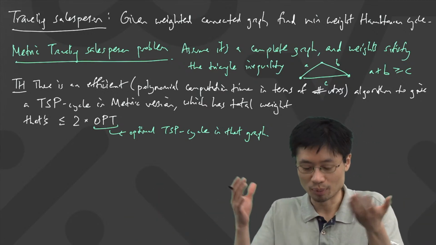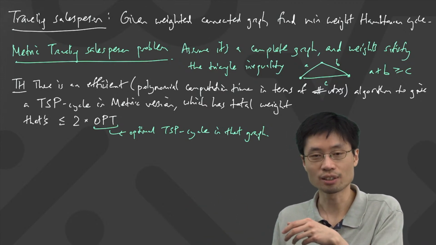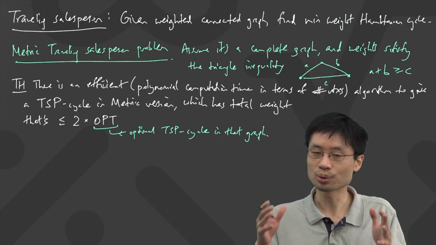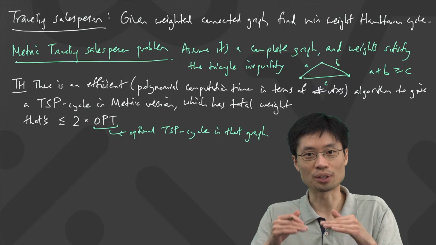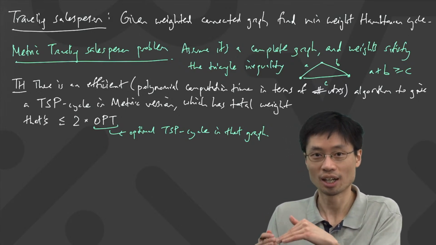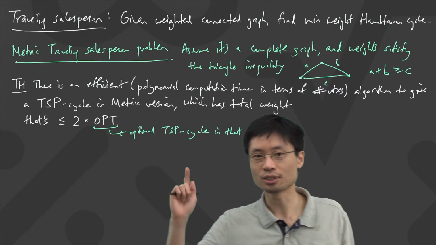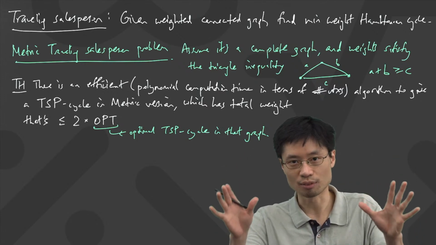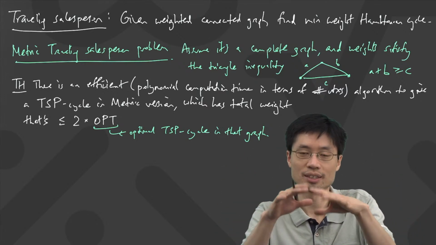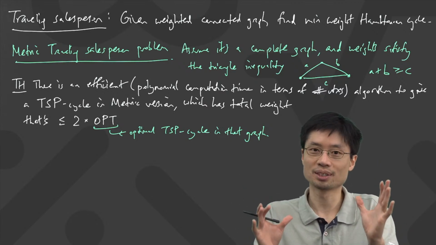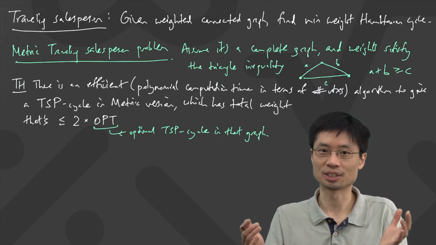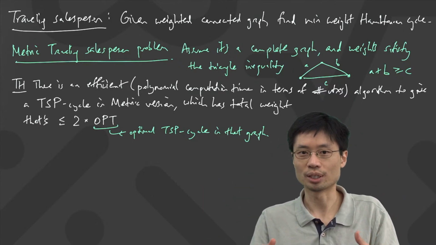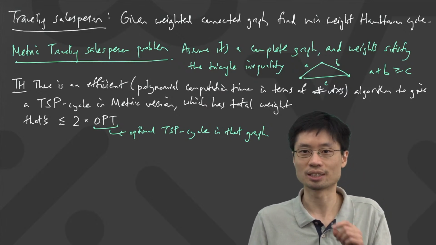Then you need to come up with an algorithm, and there's an efficient algorithm so that the output on any particular day is at most twice the best thing you could ever have done with the best computer in the world on that day.